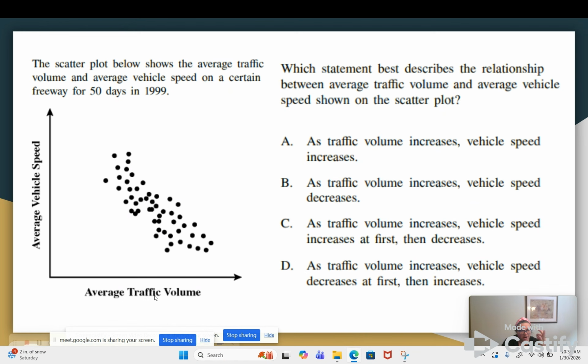So as the traffic volume increases, the vehicle speed decreases. So we need to choose which one of these matches our table or our graph. When I look at this, as the volume means there's more people on the road, then people's speed decreases. So looking at this, it would be letter B. Does anyone have any questions on that? If so, just ask, can you explain it?